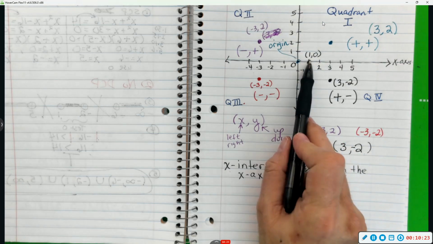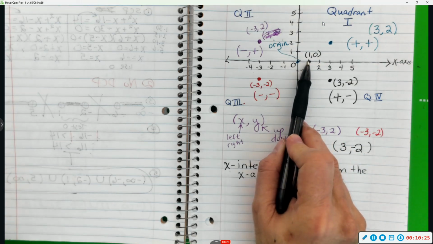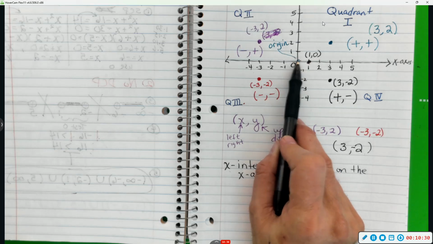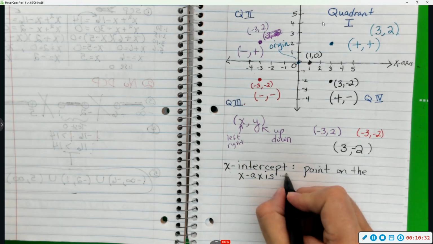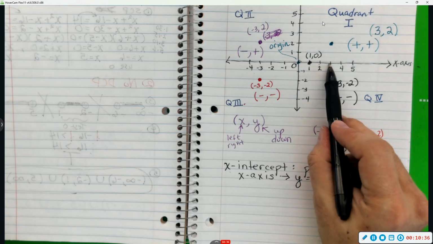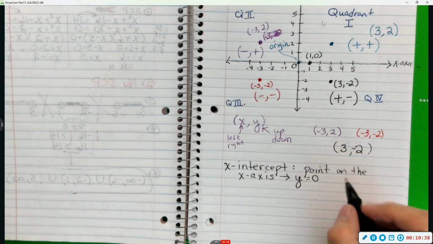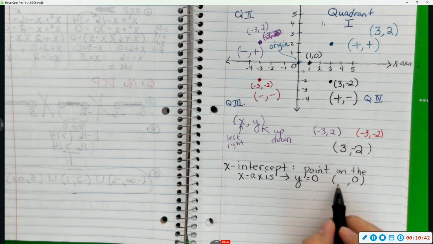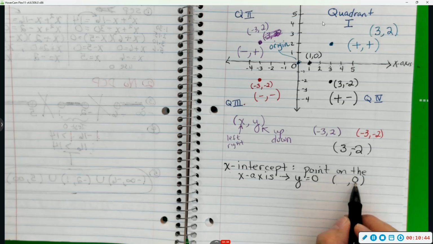See, that's an x-intercept, a point on the x-axis. On the x-axis, the y values are always going to be 0, which means the x-intercept will always look like this. Some number, and then a 0 for y.